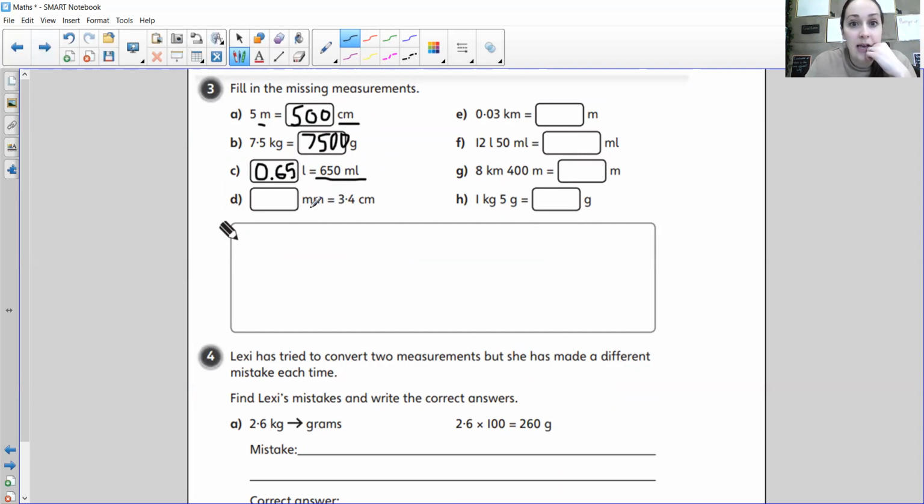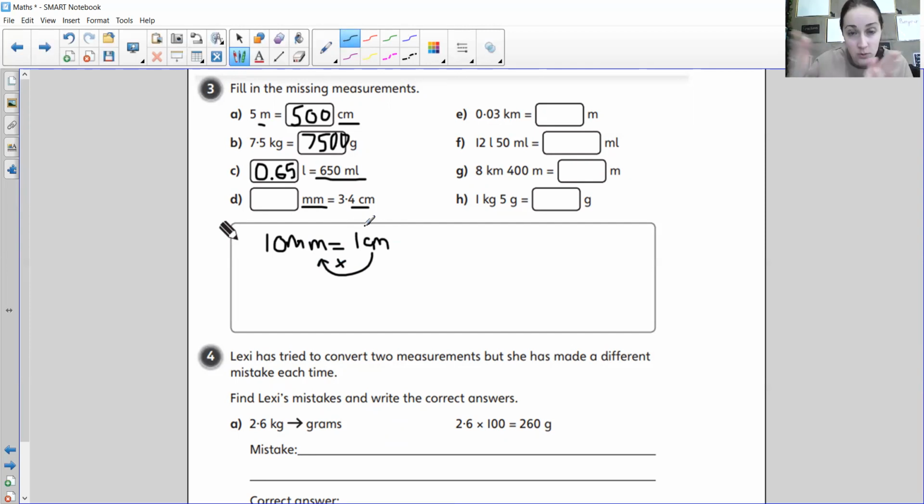Next one then, right, let's be careful with this one. So we've got millimetres to centimetres. I'm going to write this down. So there's 10 millimetres in 1 centimetre. There we go. And I'm going from centimetres to millimetres. If I'm at 1, do I divide by 10 to get to 10 or times by 10 to get to 10? Well, I times.